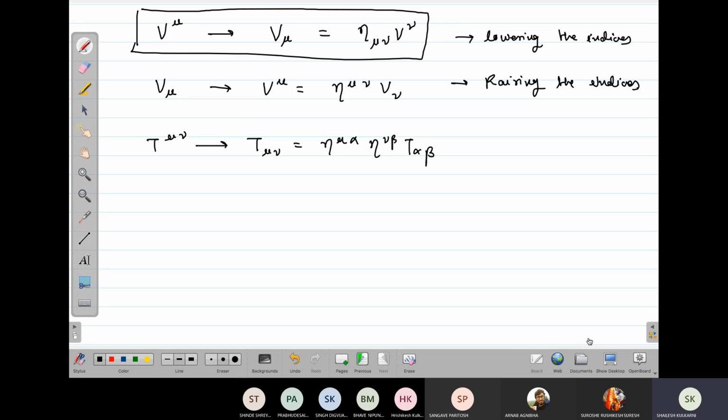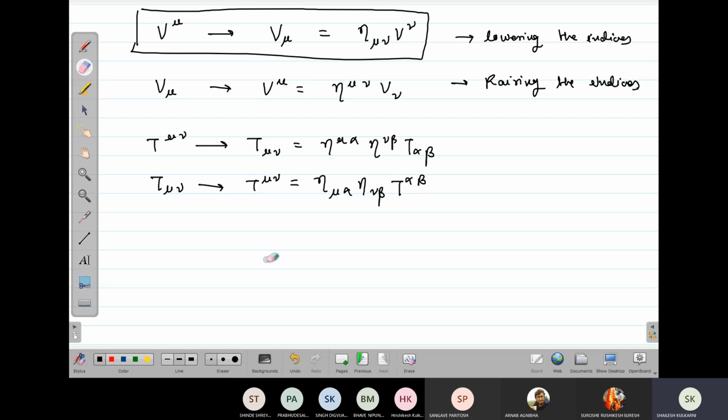Is it clear? Similarly, any covariant tensor of rank 2 can be converted to a contravariant tensor by using this metric, eta mu alpha, eta nu beta, T alpha beta.